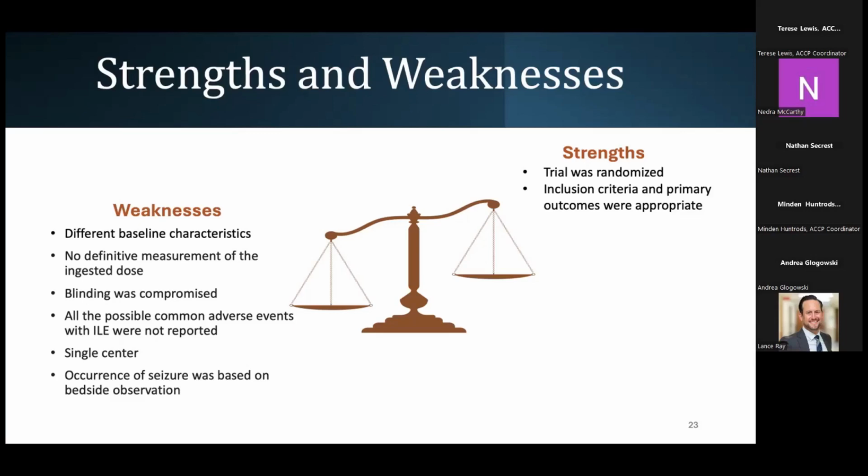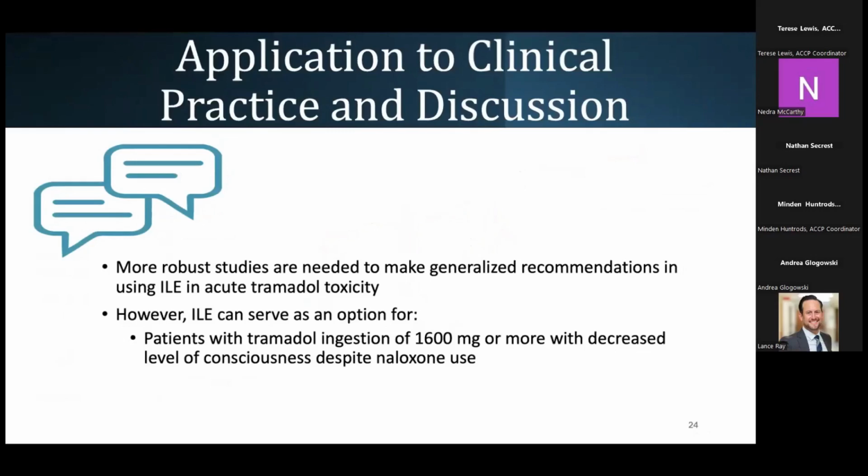Again, this is definitely a way bias can be introduced in the study, because the sleeve was somewhat unblinded during the study, they would know which patient was getting what particular intervention or medication. And if they're just recording the seizure based on observation, it potentially could have introduced bias into the study.